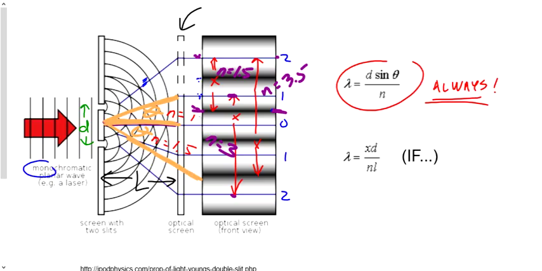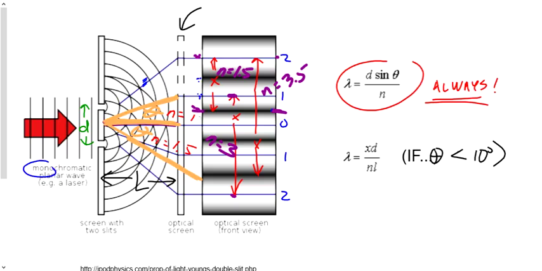The second equation is actually not a real equation. It's an approximation that works very, very well if the angle involved is quite small, if theta is less than 10 degrees.